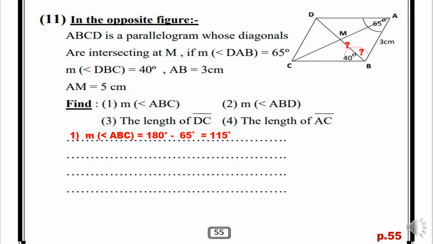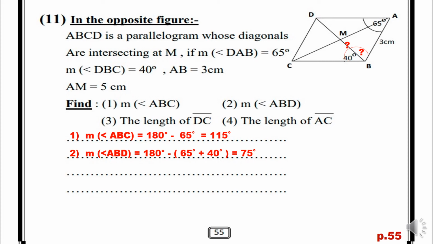Second, I want to get the measure of angle ABD. To get ABD, I will make 180 degrees minus 65 plus 40 equals 75 degrees.